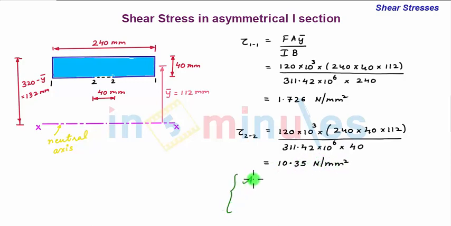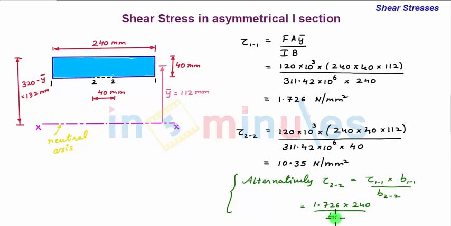It may be noted, we could have also found shear stress at layer 2-2 as shear stress at layer 1-1 multiplied by the width of layer 1-1 divided by the width of layer 2-2, which is 1.726 multiplied by 240 upon 40. This would fetch the same value of tau 2-2, which is 10.35 Newton per mm square, since layers 1-1 and 2-2 are at the same level from the neutral axis.